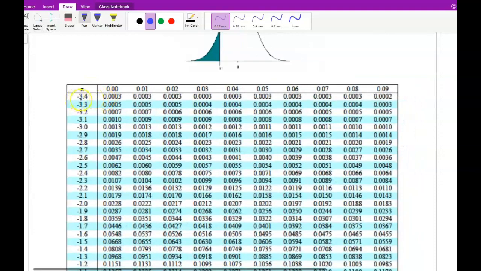See, we have negative 3.49. It's this number. And for negative 3.39, we have this number. So this is less than that one.